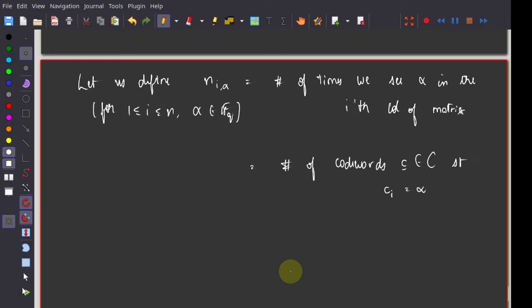I'll write this using indicator functions because it will help me later on. So can one of you suggest a way to write this in terms of an indicator function? Suppose that c_j is the jth code word.